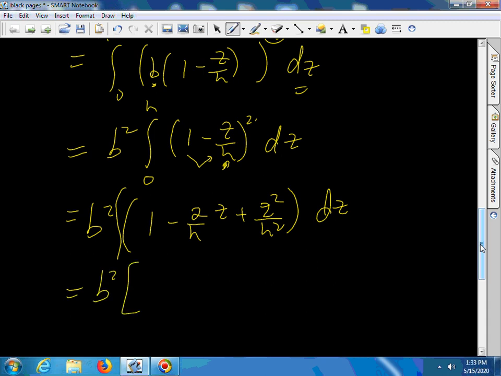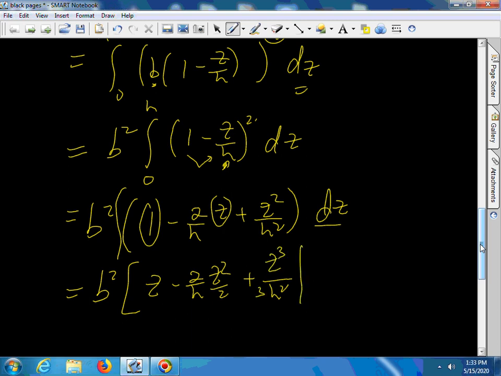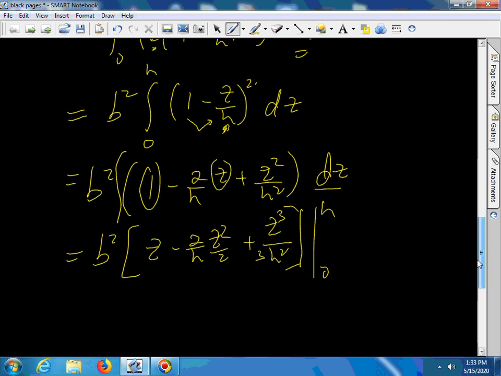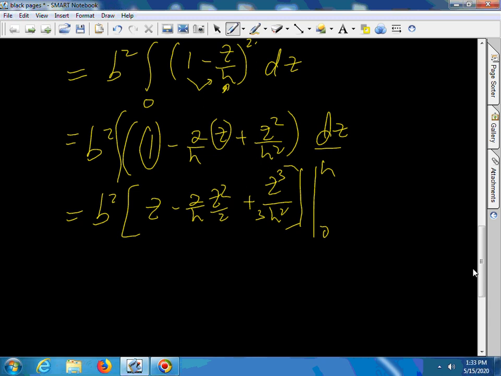Now, I'm going to evaluate the integral. The integral of 1 dz is z, minus the constant times z squared over 2, plus the constant times the integral of z squared, which is z cubed over 3. And we evaluate this as z goes from 0 to h. One thing I would clean up is that these 2's cancel out. So I have b squared.